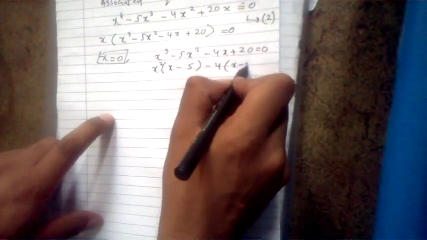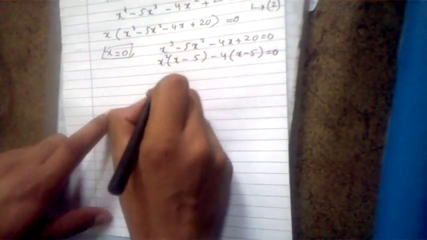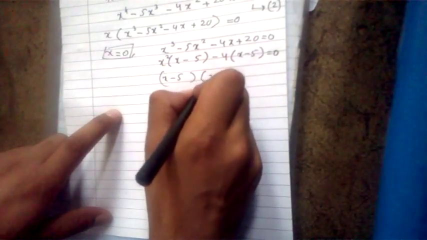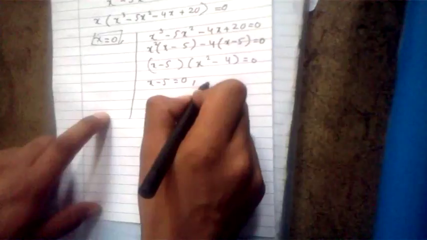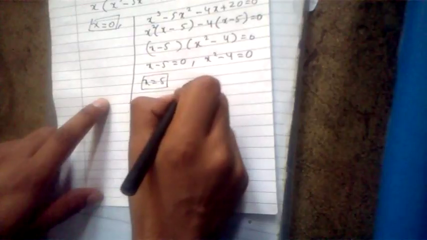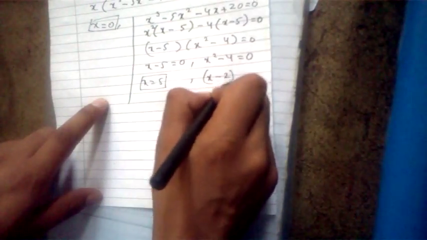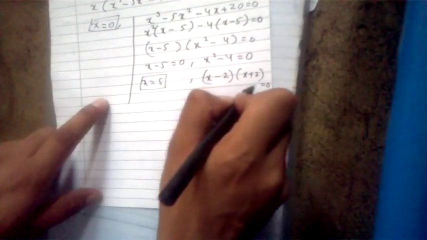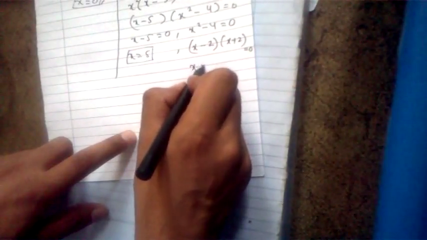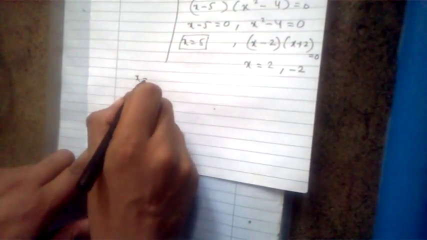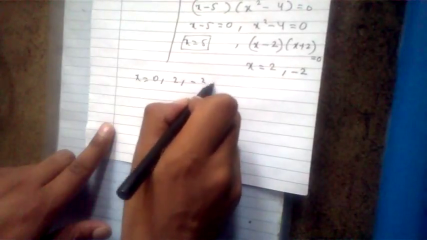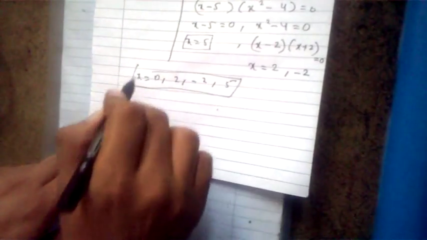You will get x minus 5 is equal to 0, and x minus 5 is again taken as common. You will get x square minus 4 is equal to 0, and from here x minus 5 is equal to 0, so x is equal to 5, and x minus 2, x plus 2 is equal to 0, you will get x is equal to 2 and minus 2. Thus you have the boundary points x is equal to 0, 2, minus 2 and 5. These are all the boundary points.